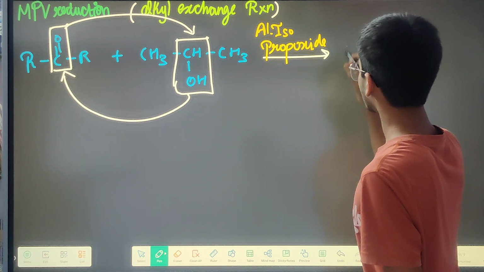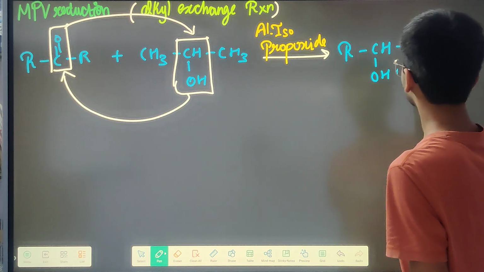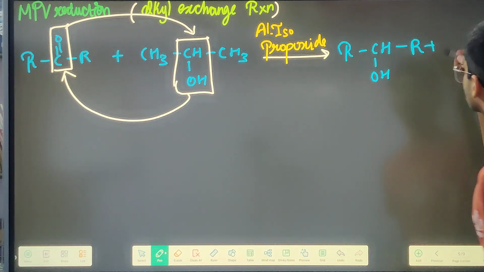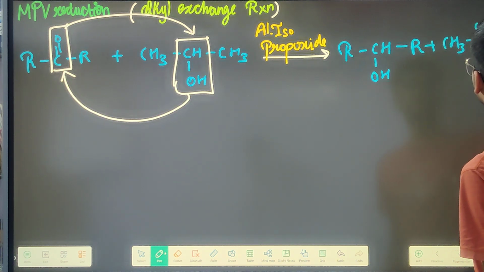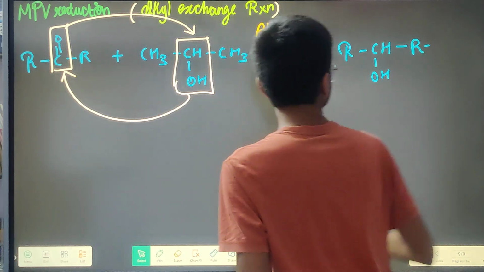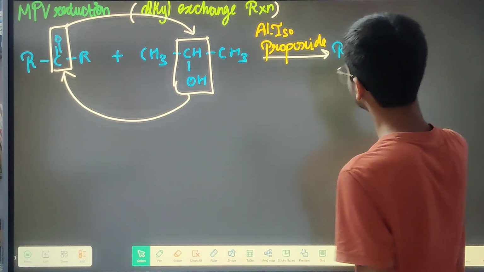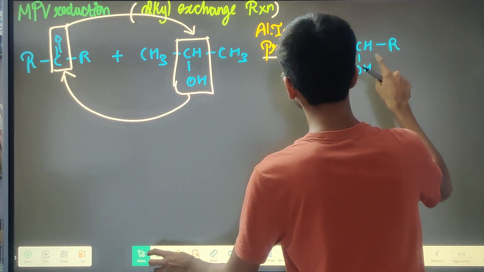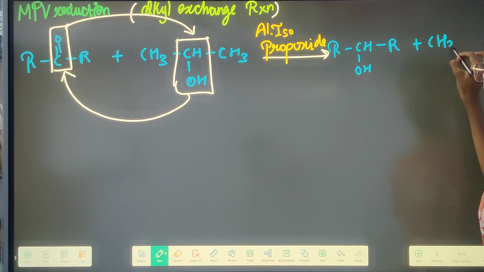Now you are going to have R, CH, OH, R, then CH3, C, double bond O, CH3. Now we are going to have the plus CH3, C, double bond O, CH3. That's it.